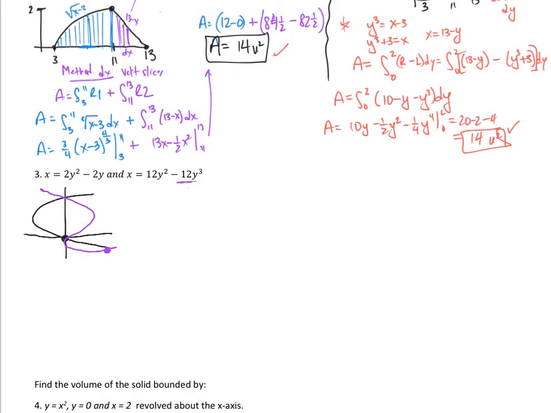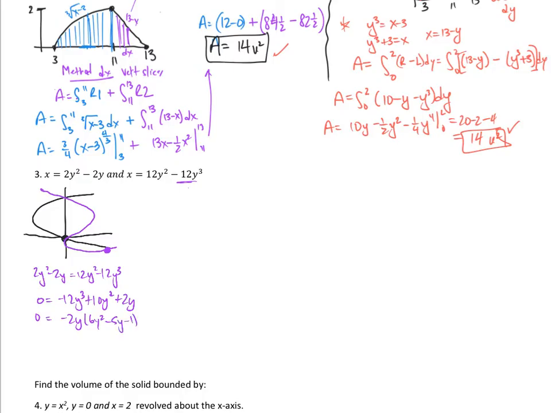So we're going to set these two equal to each other to find points of intersection. So 2y squared minus 2y equals 12y squared minus 12y cubed. 0 is going to be negative 12y cubed plus 10y squared plus 2y. 0 equals negative 2y. I'm going to take that out, and I end up with 6y squared minus 5y minus 1.